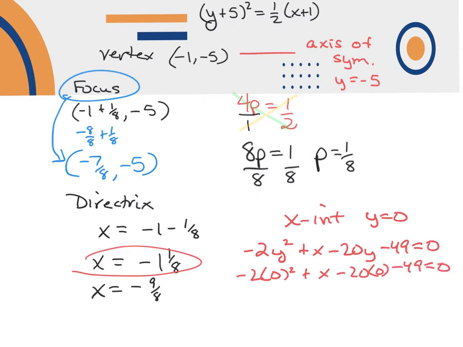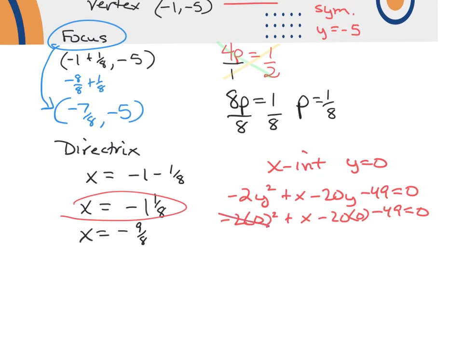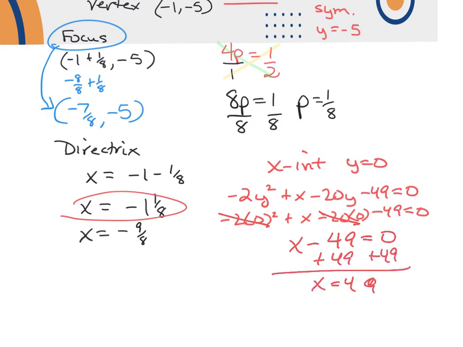I'm now going to follow order of operations here. Anything times 0 is 0. So now I'm just left with x minus 49. Add 49. Wow, my x-intercept is at 49, 0. That's way up there, or way down the line.